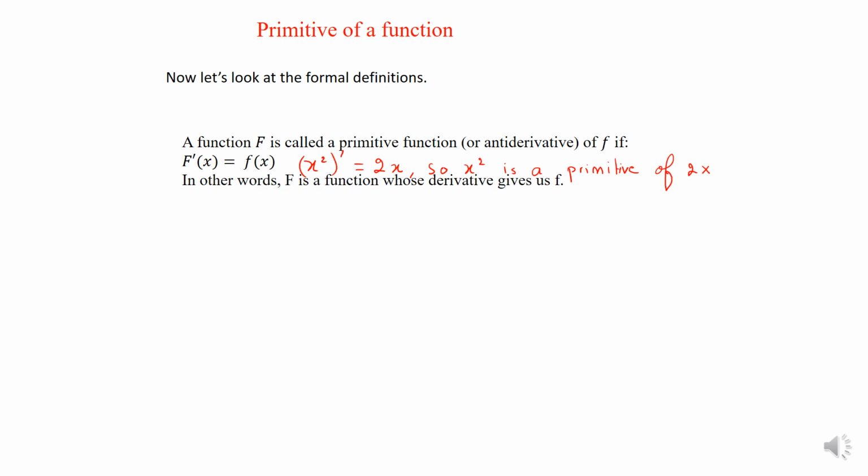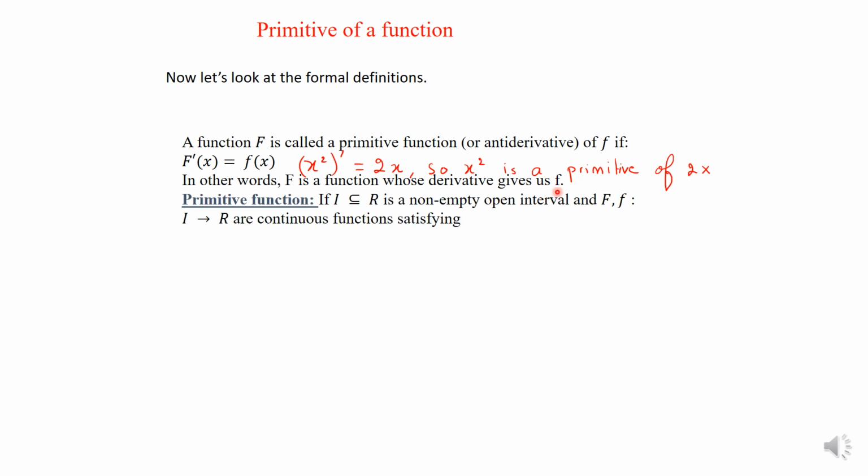In other words, F is a function whose derivative gives us f. Now if I is a non-empty open interval subset of R, and the two functions capital F and small f are defined continuous functions satisfying F prime equals f over I, we call F a primitive function of f over I.